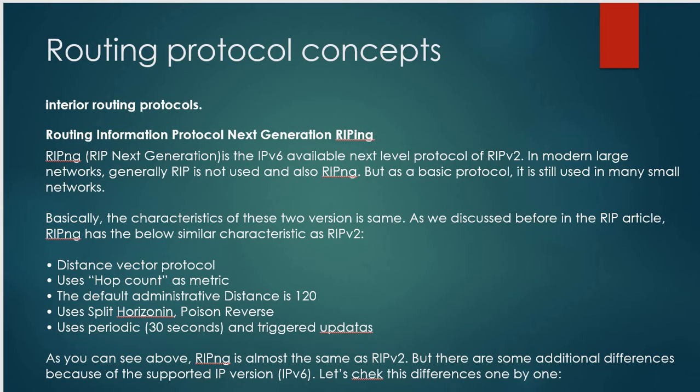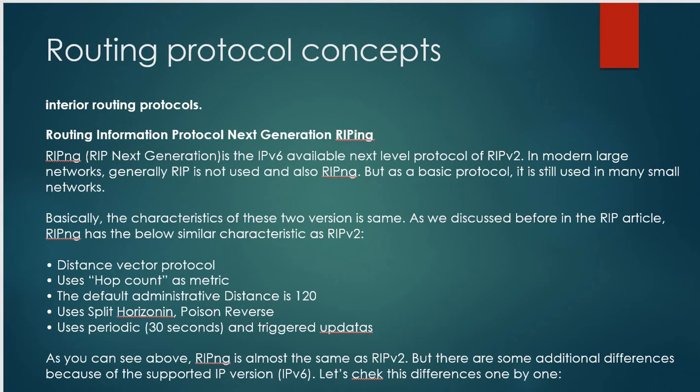Basically, the characteristics of the two versions are the same as we discussed before in the RIP articles. RIPng has characteristics similar to RIP version 2.